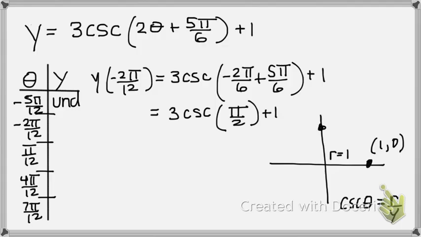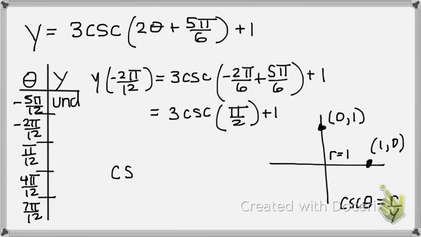I go to the unit circle to pi over 2, and that's at coordinates 0, 1. And r is 1, y is 1. So that means this is 1. So the cosecant of pi over 2 is equal to 1. Hopefully everybody can see that.